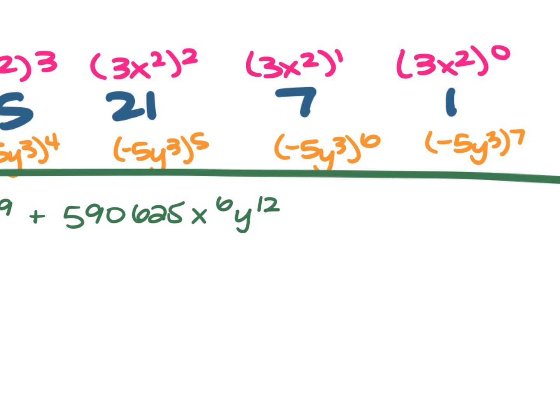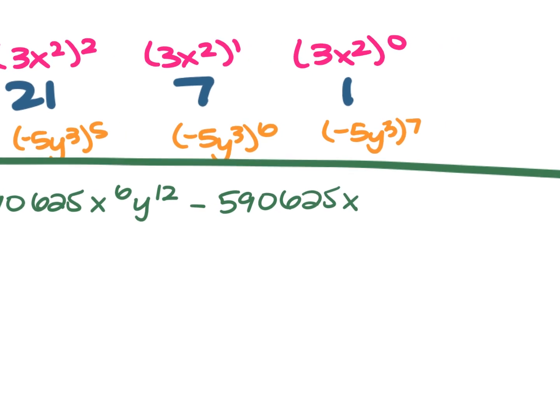Next, we have negative 5 to the 5th power, which is going to be a negative 3,125 times 21 times 3 squared, which is 9. So that's negative 590,625 x to the 2nd. No, x to the 4th, I'm sorry. X to the 4th, because it's the 2nd raised to the 2nd power. So that's x to the 4th, y to the 15th.